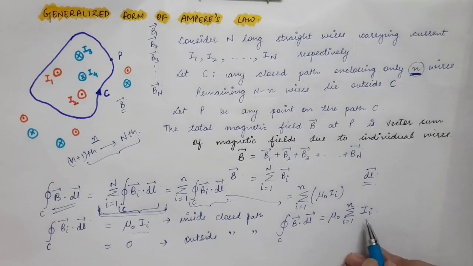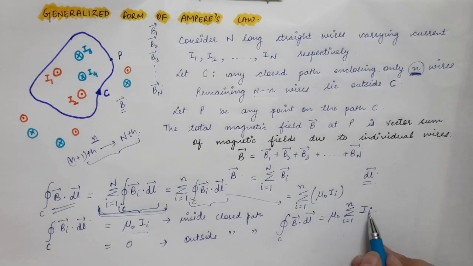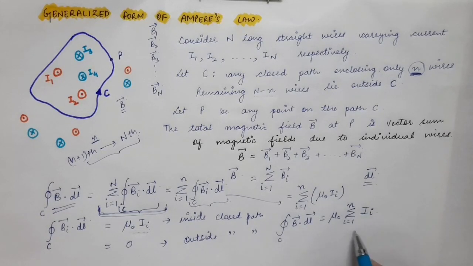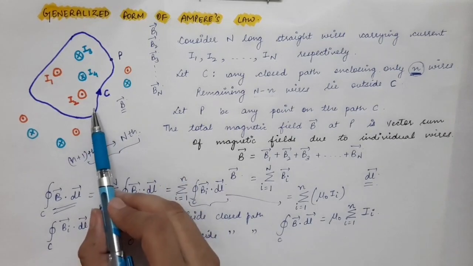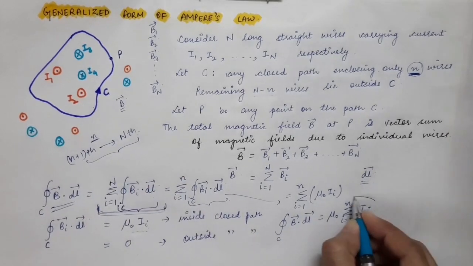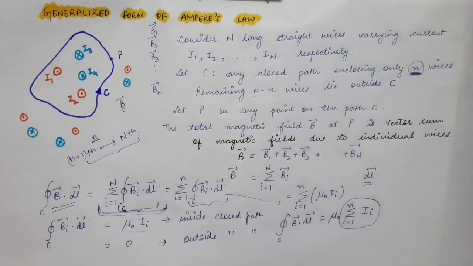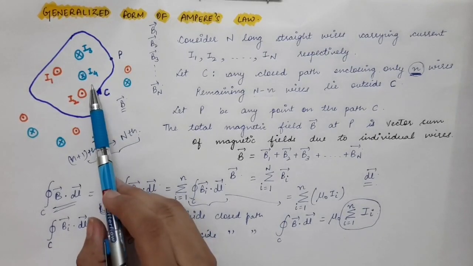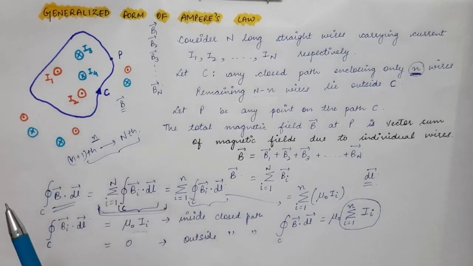Now here you can see that we have got the summation i equal to 1 to n of the current present in the individual wires. So this is the algebraic sum of the currents which are bounded, or enclosed, by this closed path.